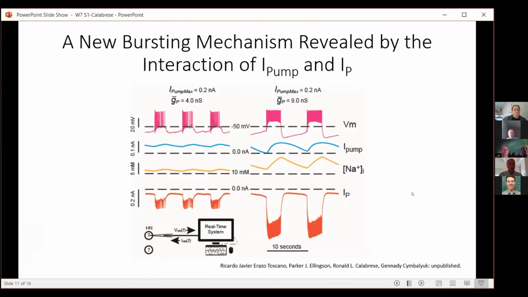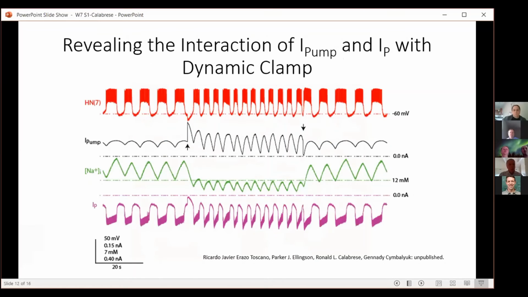All right, and then I wanted to look at this. Here, the robust bursting has been restored in an HN7, an isolated heart interneuron 7, and in the middle of this record, we are changing I pump max.